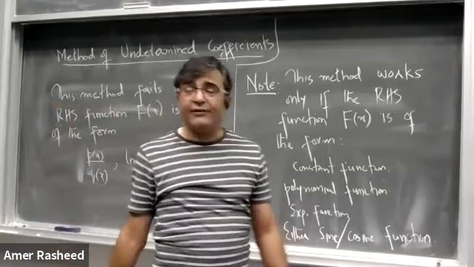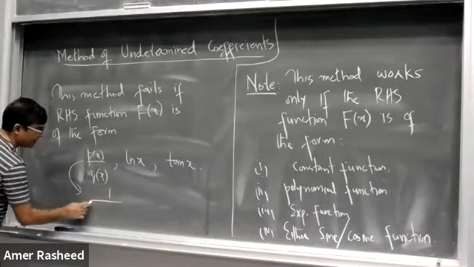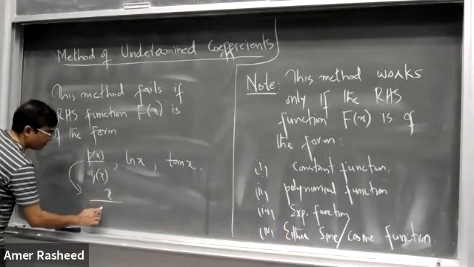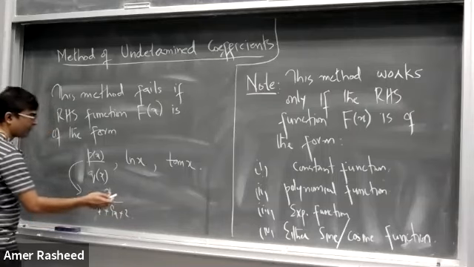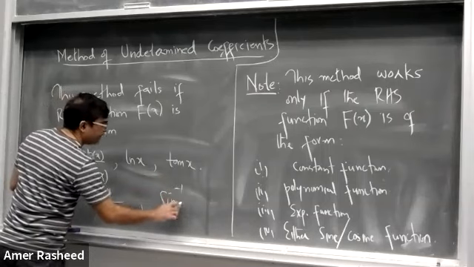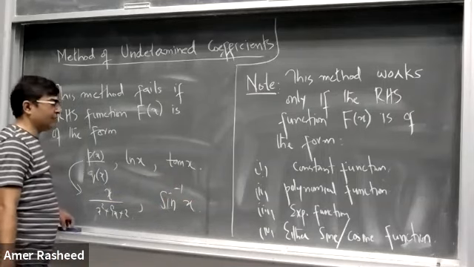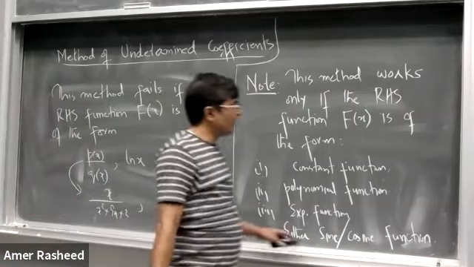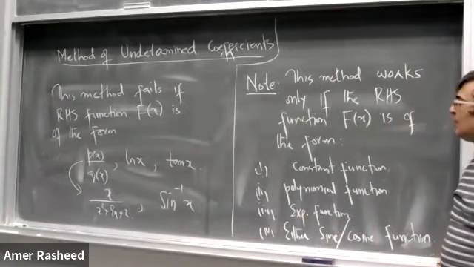For example, it could be x over x squared plus 9x plus 2. Or you can say that the right-hand side function involves inverse functions. Then this method doesn't help us to find the particular solution. I hope you get it. If you have any question, you can ask me.